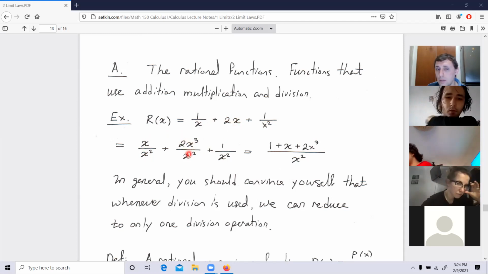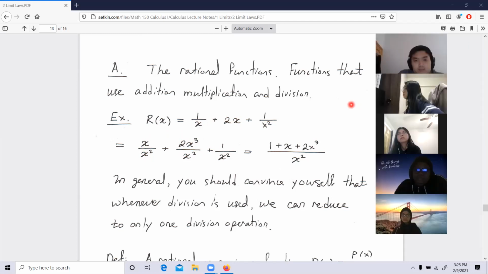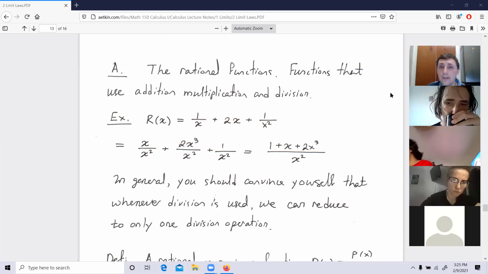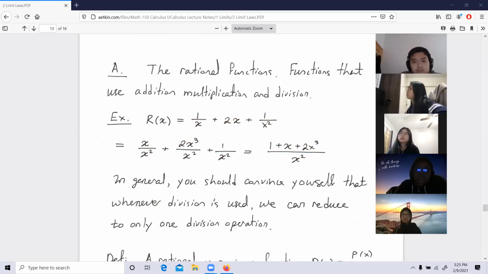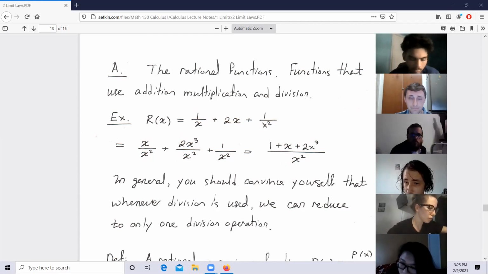So it's 2x cubed divided by x squared, plus 1 over x squared. So now they all have the same denominator, which I can then factor, and I can write it as 1 plus x plus 2x cubed, divided by x squared. Do you see what I did? I had 2 instances of division, and I reduced it to only 1 instance of division.